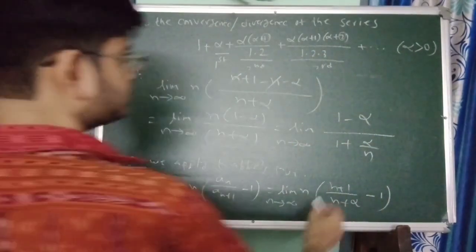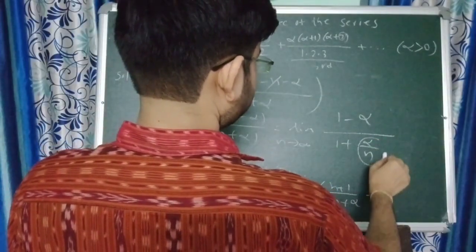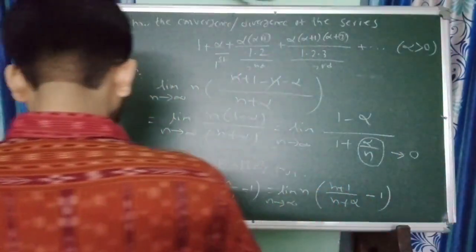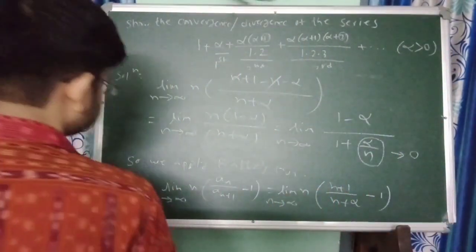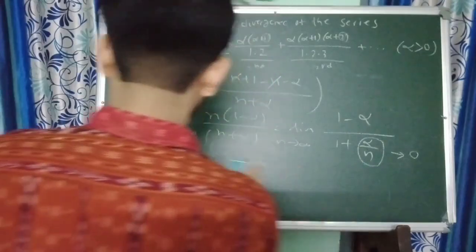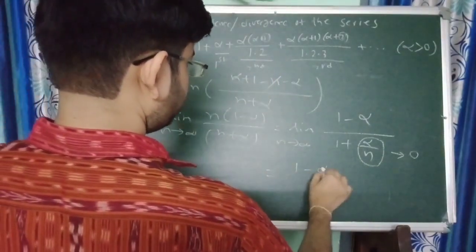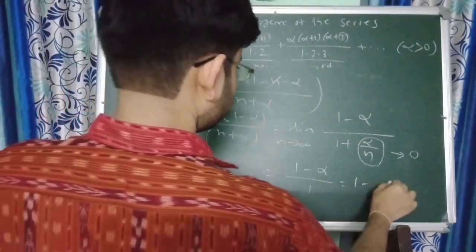Now when n tends to infinity, this goes to 0 since alpha is greater than 0. So the remaining part is 1 minus alpha by 1, which is 1 minus alpha.